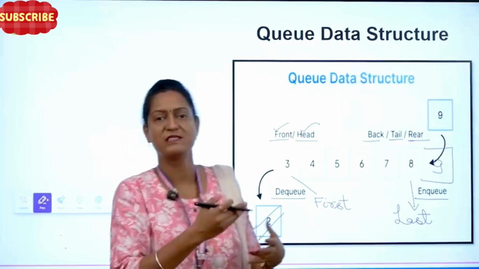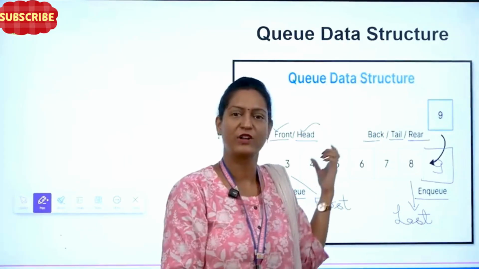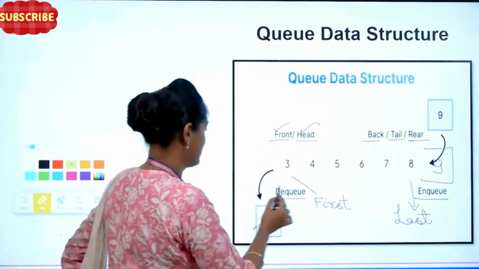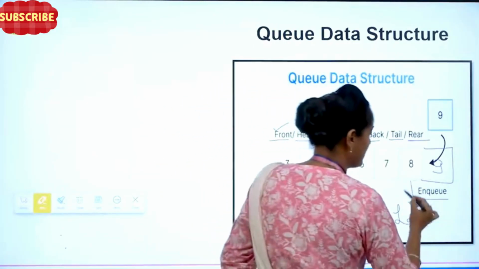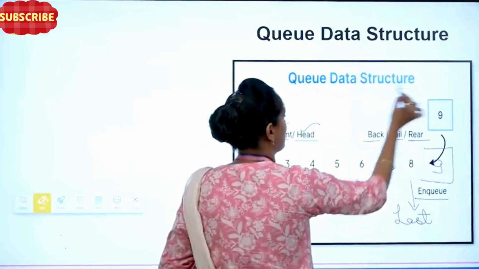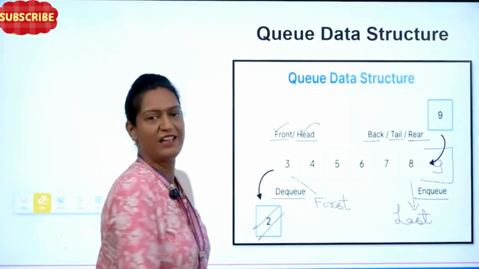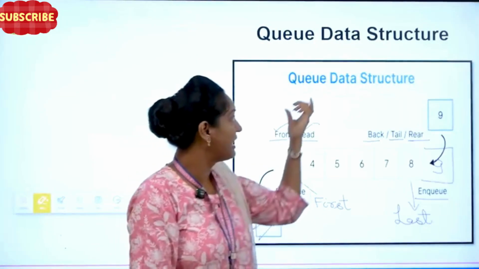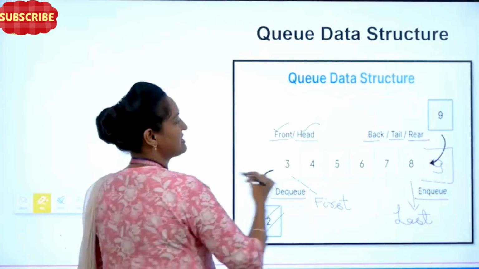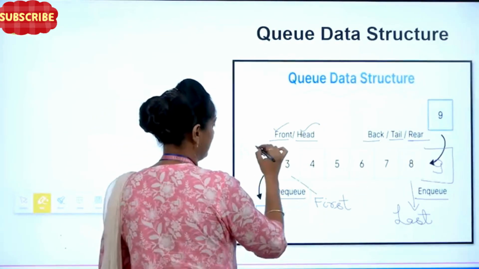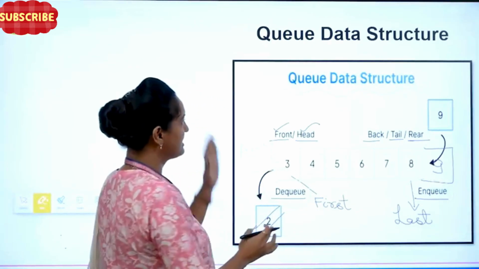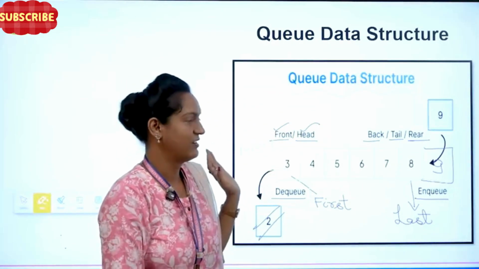And when I want to insert an element in my queue, that operation is known as Enqueue. So I have 2 basic operations with the queue data structure, Dequeue and Enqueue. And here I am implementing my queue with the help of an array. So this is the queue data structure.